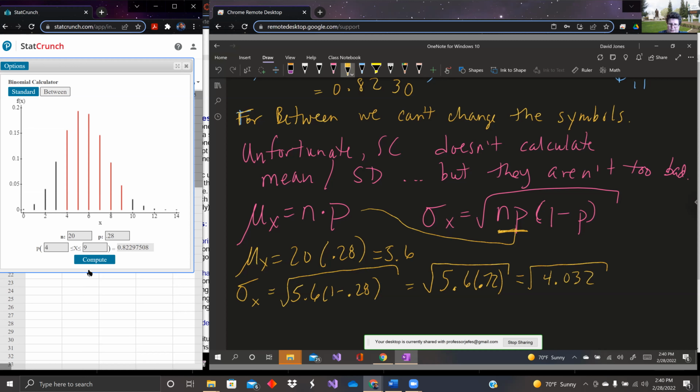And I take the square root of that, and I get 2.00798, or 2.0080 to 4 decimal places. So let me get rid of that right there because it's making it look funny. That's a p.